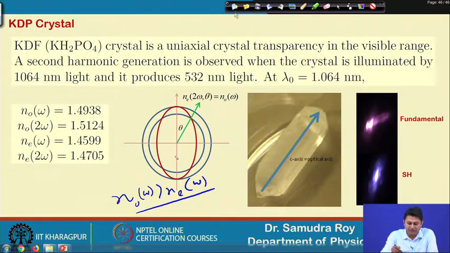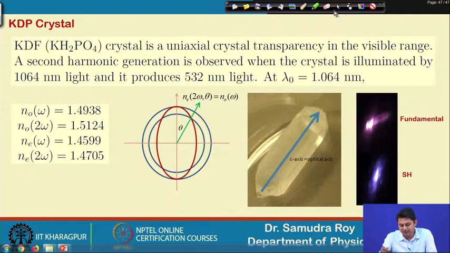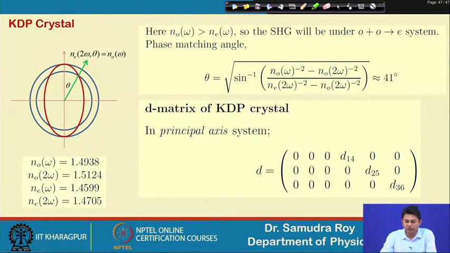Well, after having the knowledge of KDP crystal, next we need to know what we can do with this crystal. Here, as I mentioned, we are able to find the angle, because for KDP crystal there is a certain angle at which phase matching is achieved, and this is an example of the value of theta.